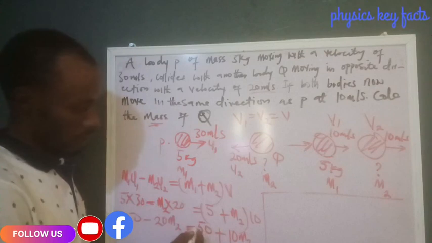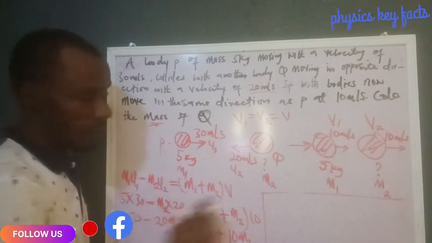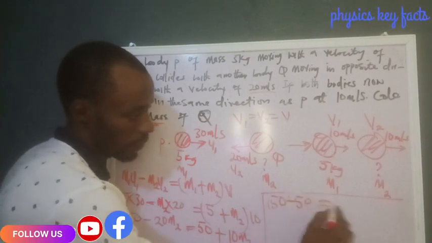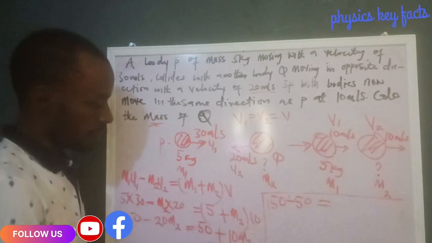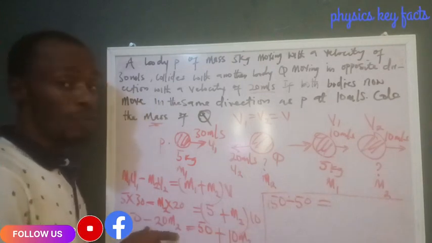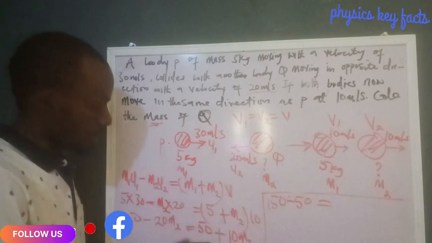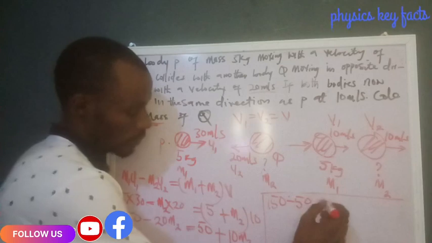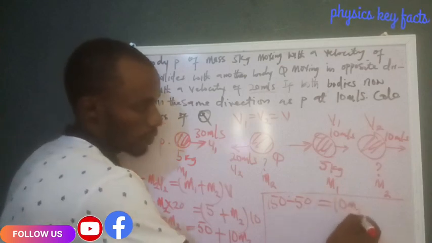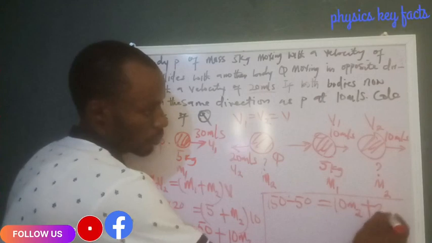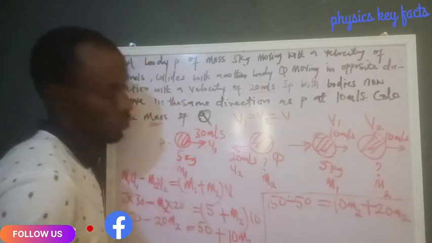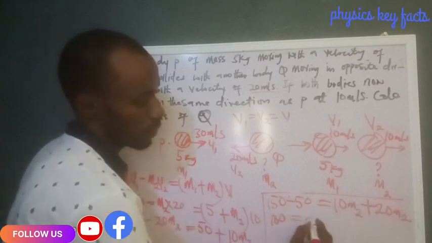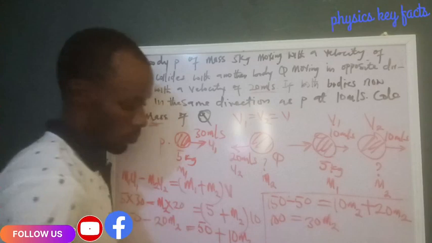So 50 is positive here, coming to this side it becomes negative. So I have 150 minus 50 is equal to, and then on my right hand side I have 10 M2. I'm going to move minus 20 M2 to the other side, so it becomes positive once it crosses. So I have 10 M2 plus 20 M2. 150 minus 50, I will have 100. 10 M2 plus 20 M2, I'll have 30 M2, which are like terms.